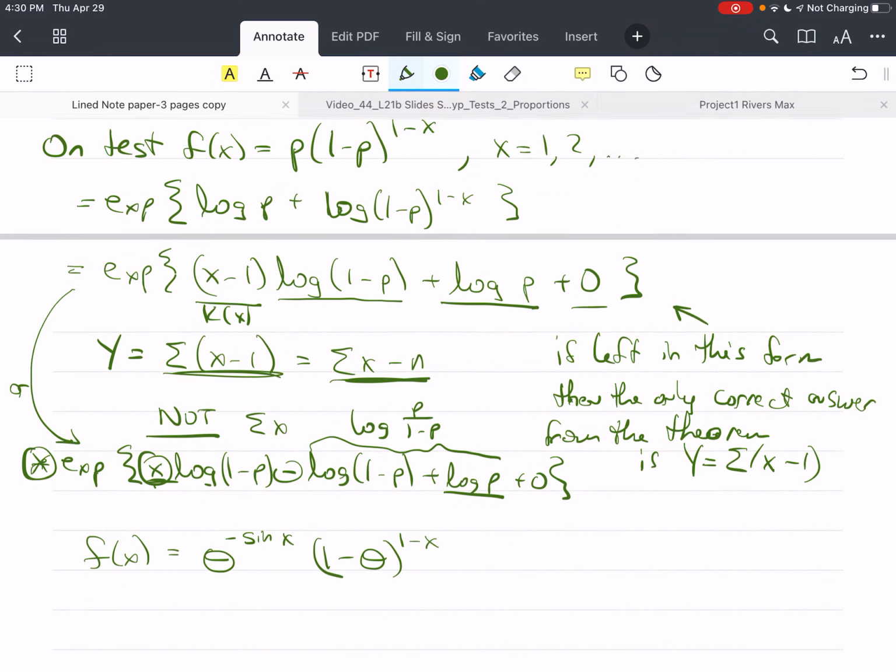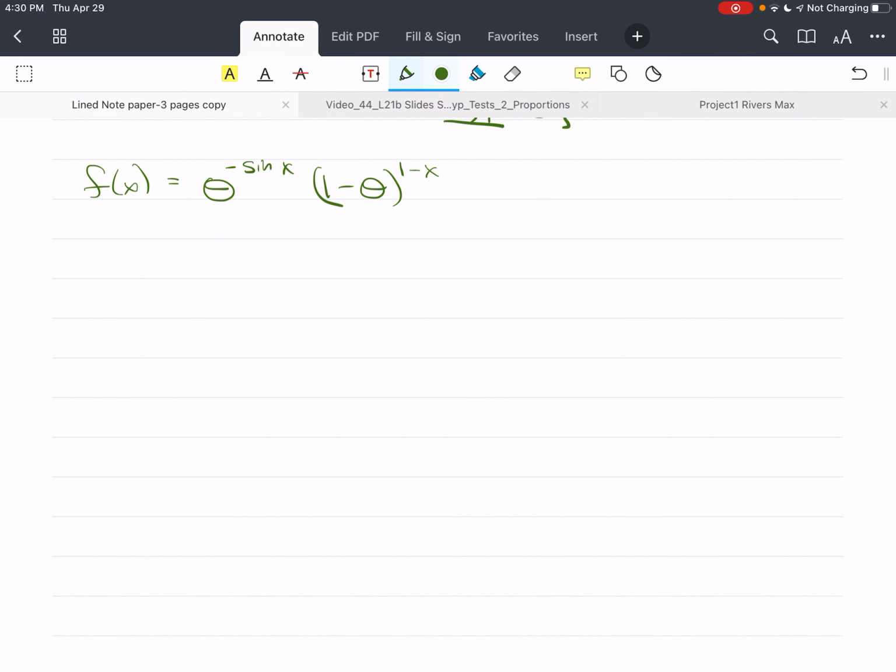Okay. Now, quickly, what is an example of a PDF that's not an exponential family of distributions? So earlier we had f of x equals theta to the negative sine x times 1 minus theta over 2, and we were able to write that in the right format for a family of exponential distributions. That was before. But now I've changed it slightly.